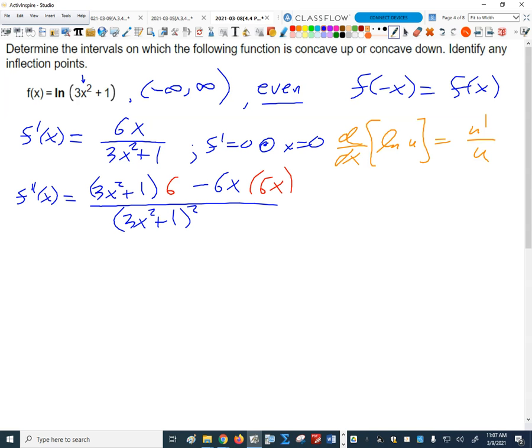If I distribute the 6 on the top and collect like terms, I get 18x squared plus 6 minus 36x squared. So that's just 6 minus 18x squared divided by the quantity 3x squared plus 1 squared.